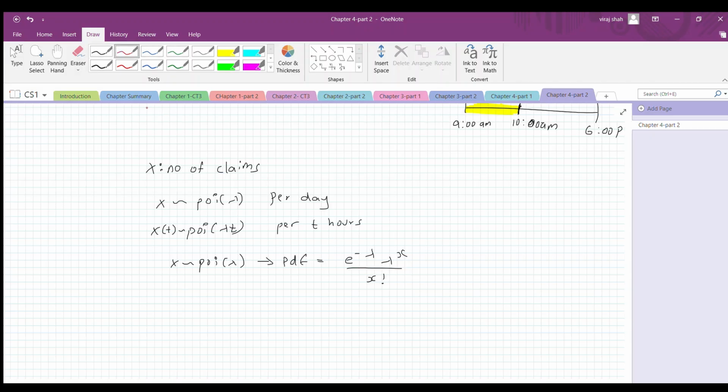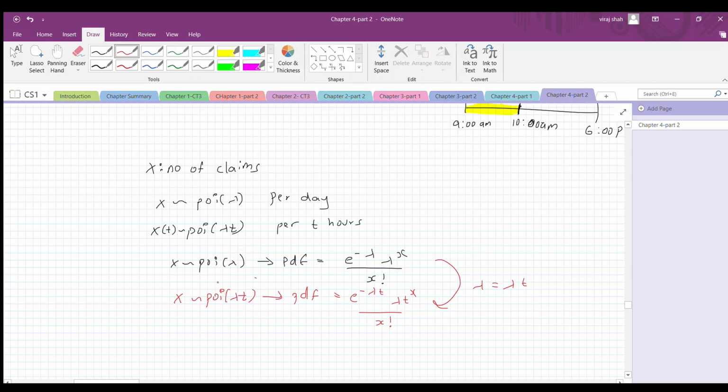Similarly, if my x follows Poisson with parameter lambda t, then my PDF would be e raised to minus lambda t, lambda t raised to x upon x factorial. What did I do? Basically, instead of lambda, I just wrote lambda t, because now my parameter is lambda t rather than lambda.